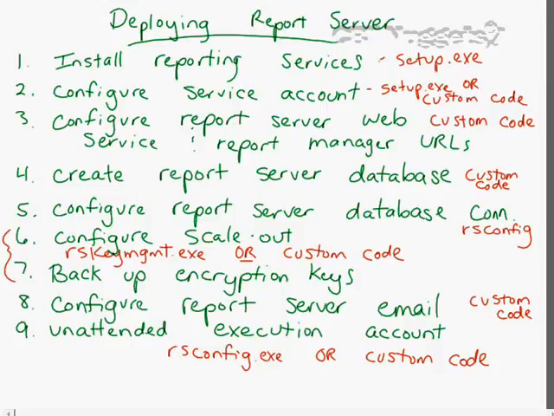Our third step is to configure the report server web service and the report manager URLs. This is where you can determine the port number that the server is sitting on, as well as which host it's sitting on. Remember, the report server might be on a different machine from the report database itself. You'll want to create a report server database. And this is the step where you take into consideration how large you want to make this database.